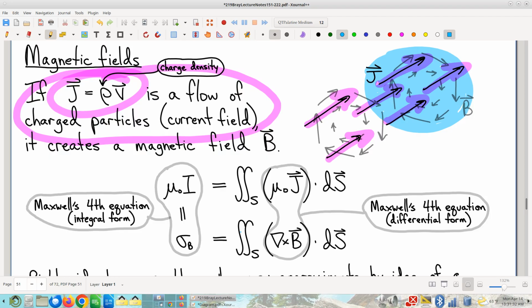Now, thinking back to what we know about magnetic fields, and again, this is just an empirical observation: current creates this circulation of magnetic field. It makes a magnetic field that goes around in circles, in loops, let's call it.